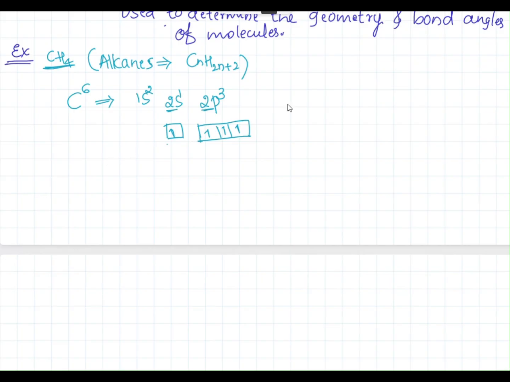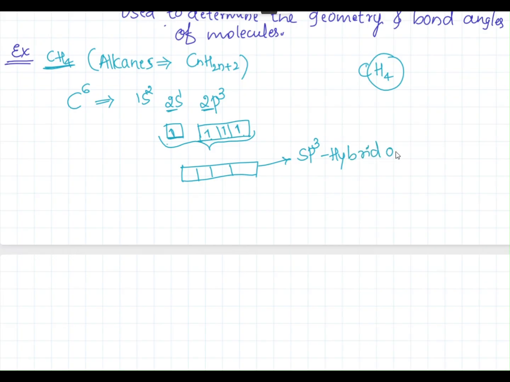Hence, depending upon the bonded atoms, if there are 4 hydrogen atoms, all the 4 atomic orbitals, that is one 2s orbital and three 2p orbitals, will combine together to form 4 degenerate hybridized orbitals. These 4 degenerate hybridized orbitals are called sp3 hybrid orbitals, right?